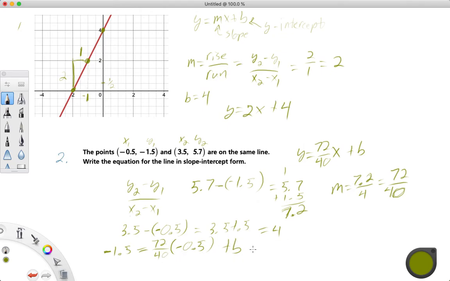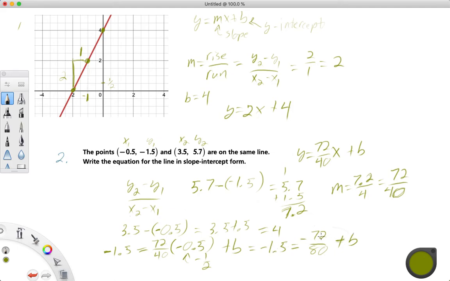All right, so this equals negative 1.5. And I'm actually going to turn this into negative 1/2 because multiplying it works a little bit easier. So 72 over 40 times negative 1/2 becomes negative 72 over 80 plus b. This is still not very pretty. And again, you can use calculators, and that's fine.